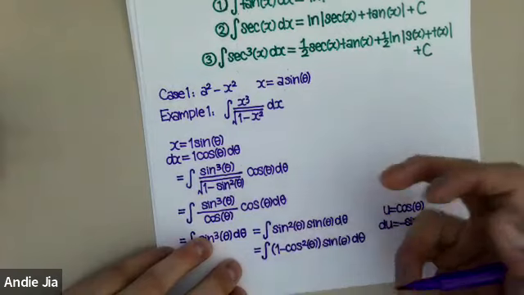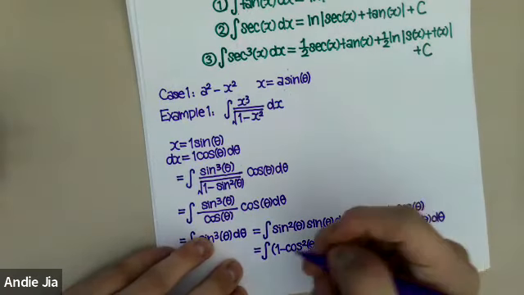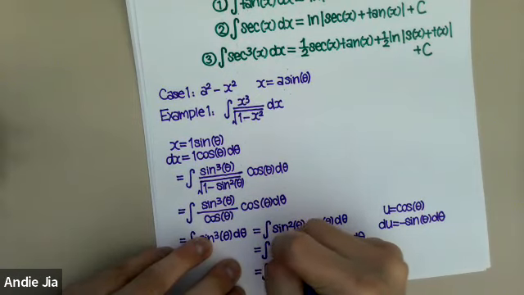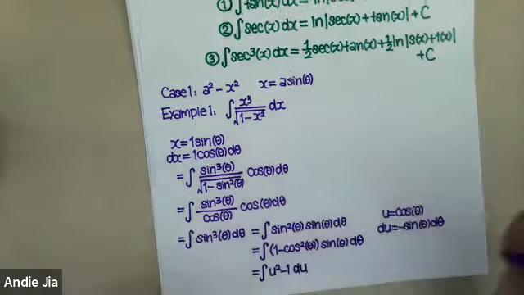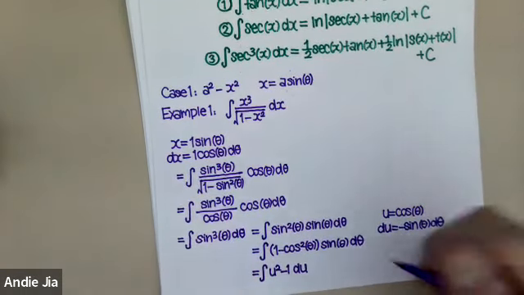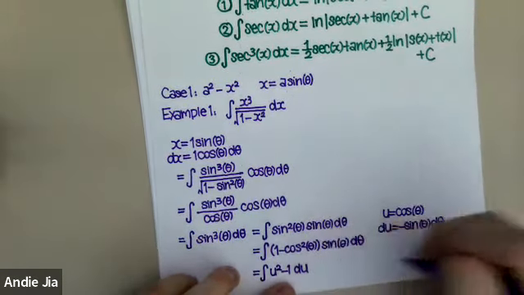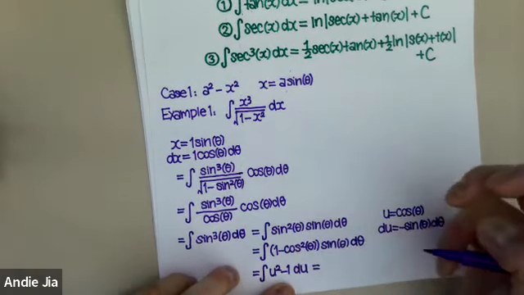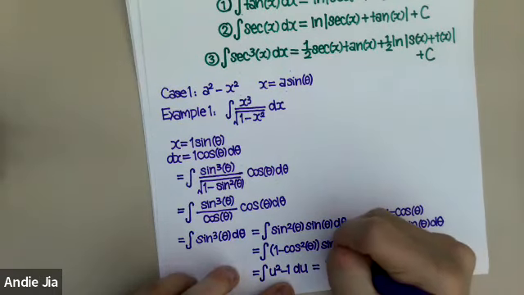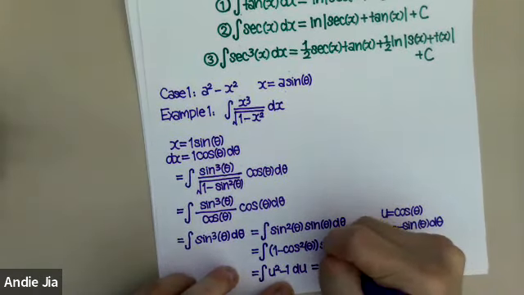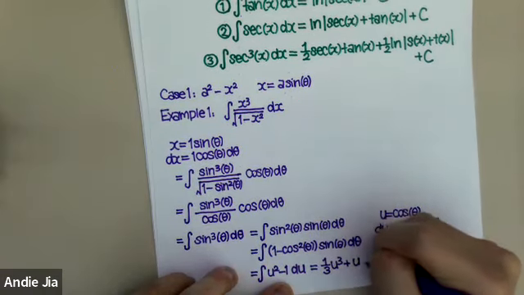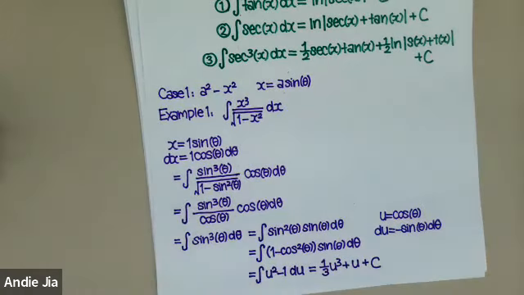So it becomes u squared minus 1 du, and that's just 1 over 3 u cubed minus u, plus the constant of integration, but we're not done yet.